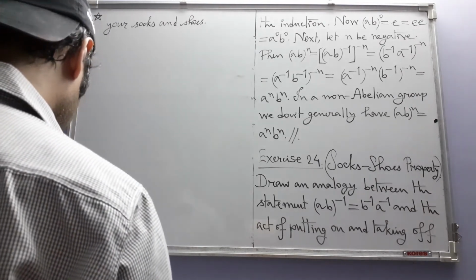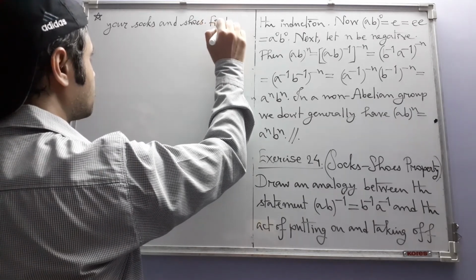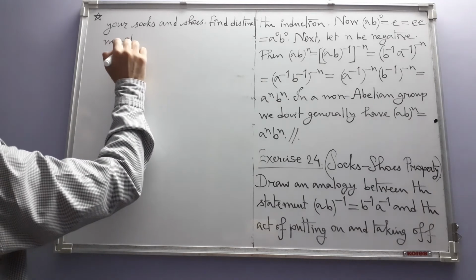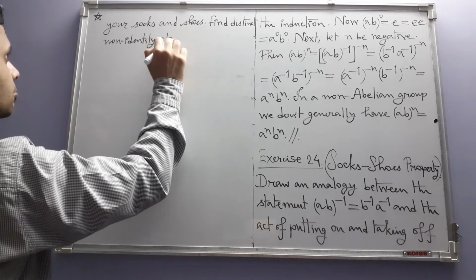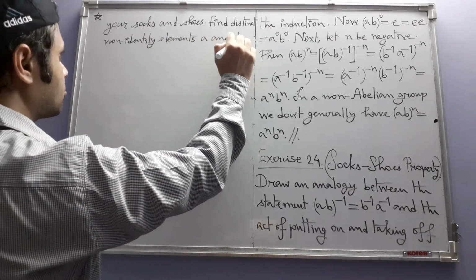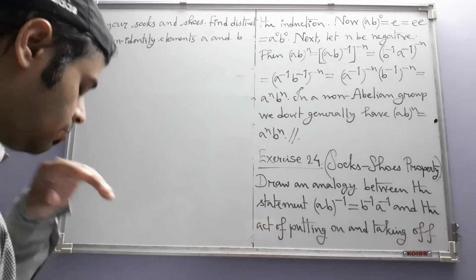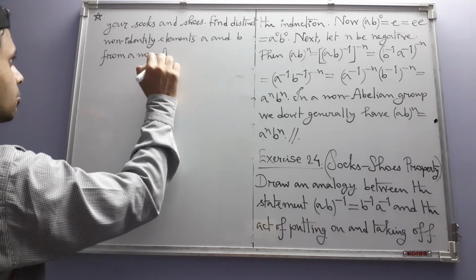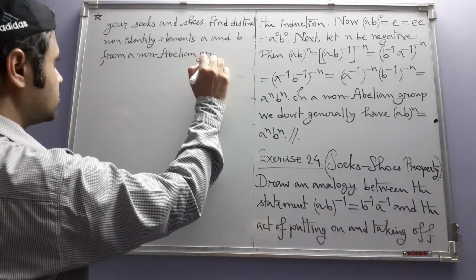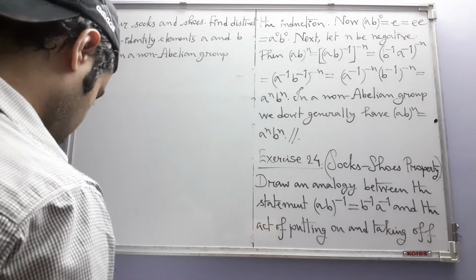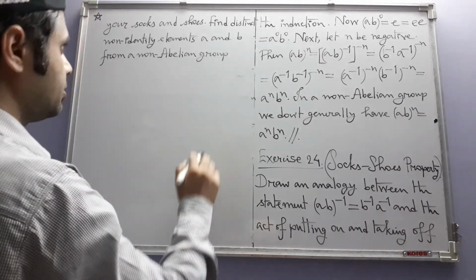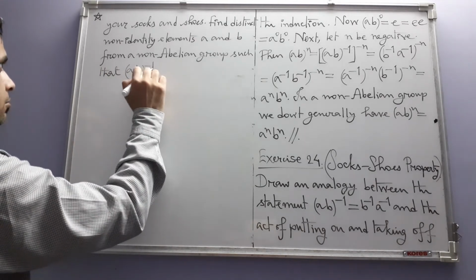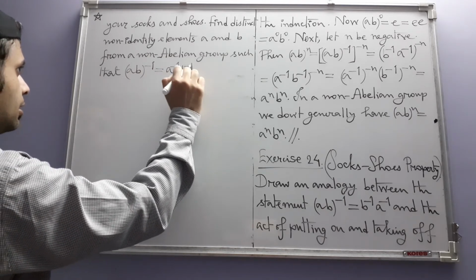Find distinct non-identity elements A and B from a non-abelian group such that AB whole inverse is equal to A inverse B inverse.